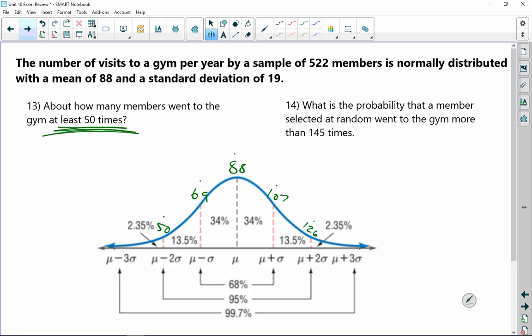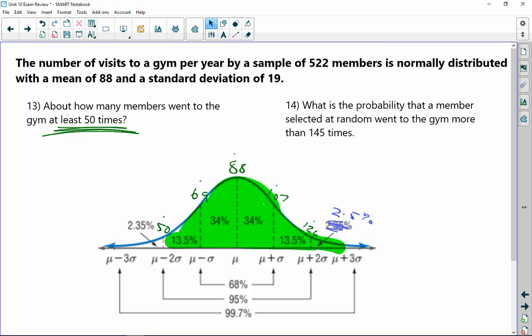At least 50, which means everything has to be... Okay, so I'm looking for 50 as the minimum, so that means I'm looking for everything to the right, plus that 2. Yeah, exactly. Okay, so, or we could just say 2.5%, right?